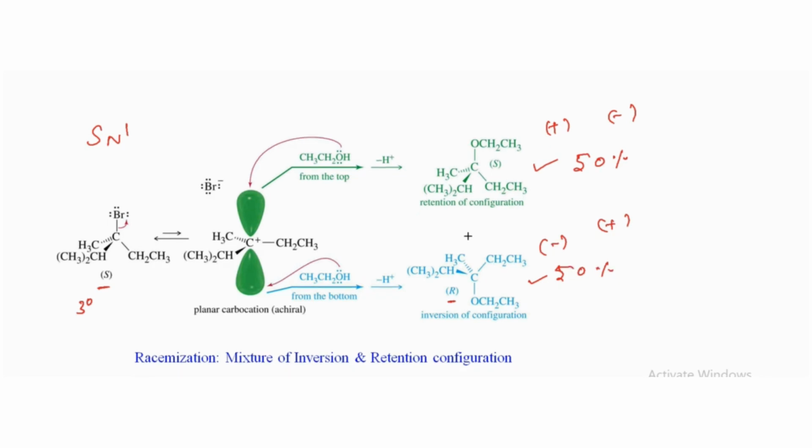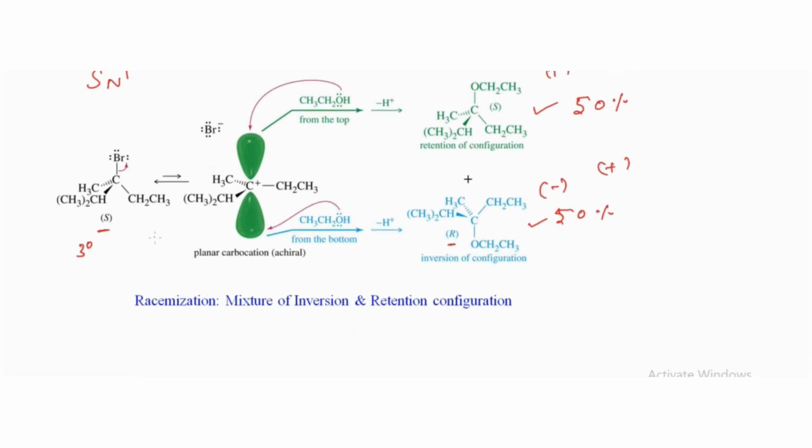So when the SN1 reaction takes place at the chiral center, the outcome is a racemic mixture. The racemic mixture is always optically inactive. So this is the stereochemical outcome of the SN1 reaction.